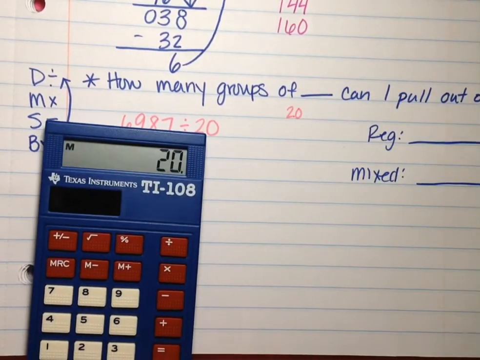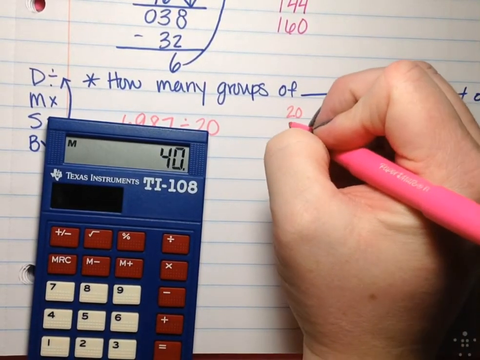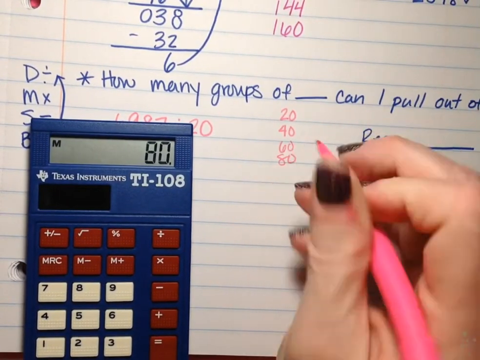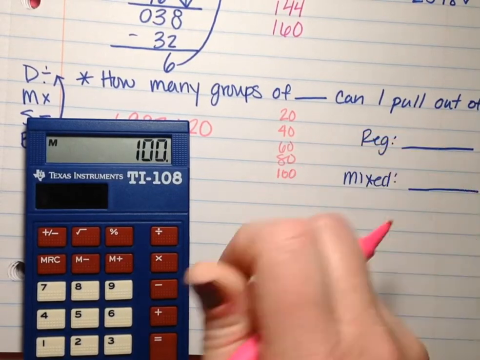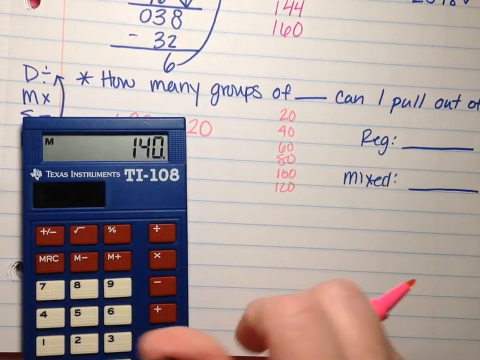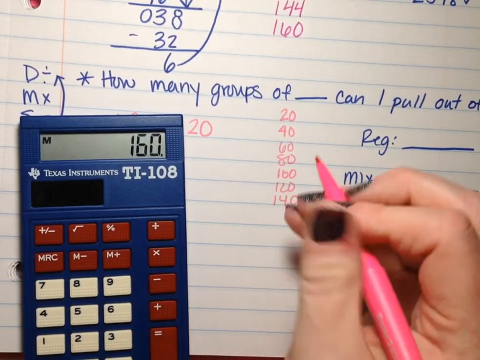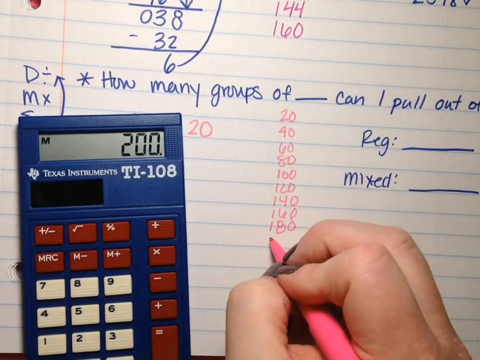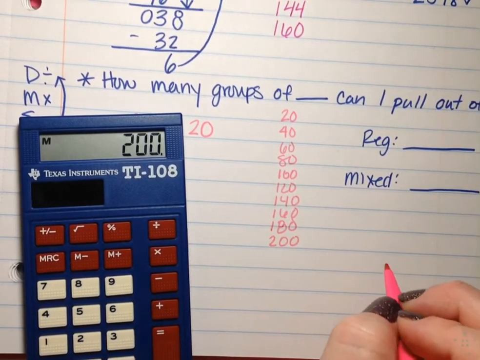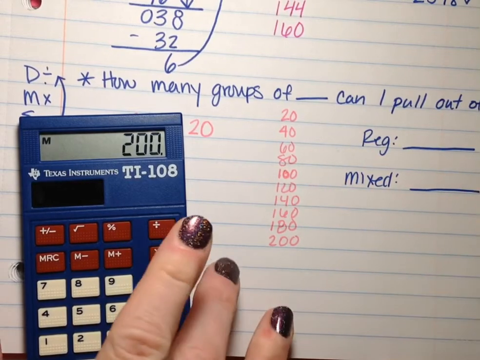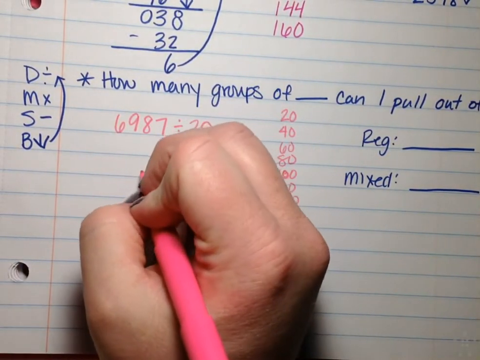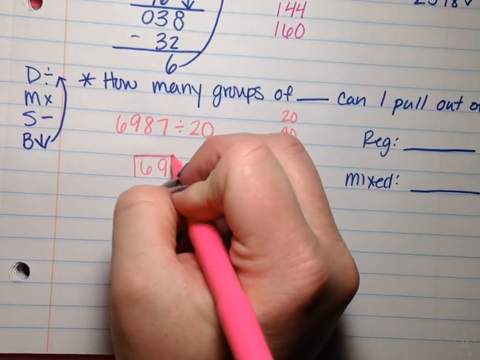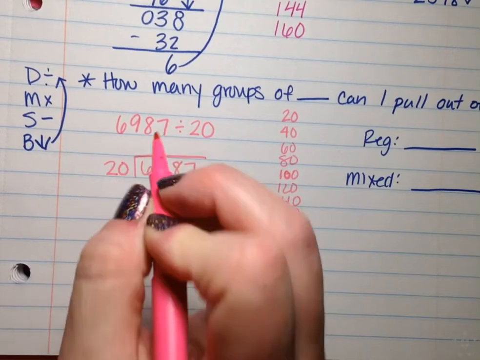So 20 plus 20, 20, 40, 60, 80, 100, 120, 140, 160, 180, 200. Okay, I'm going to rewrite it. 6,987 divided by 20.